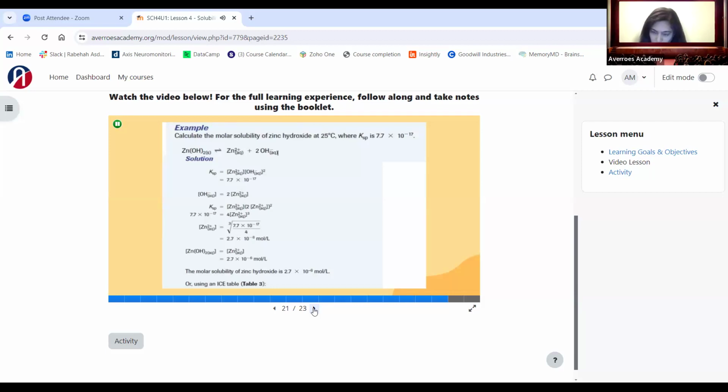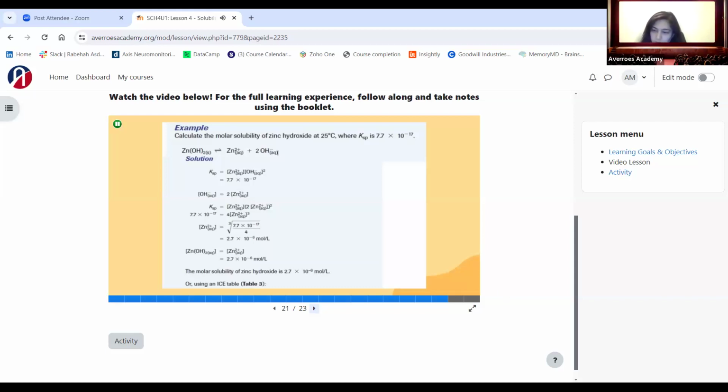We know our KSP is 7.7 times 10 to the negative 17. When we multiply that together, we get 4 times the concentration of zinc to the power of 3. All right, so then our concentration of zinc is the cube root of 7.7 times 10 to the negative 17 divided by 4, equal to 2.7 times 10 to the negative 6 moles per liter.